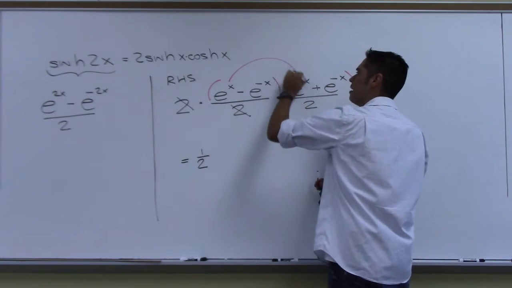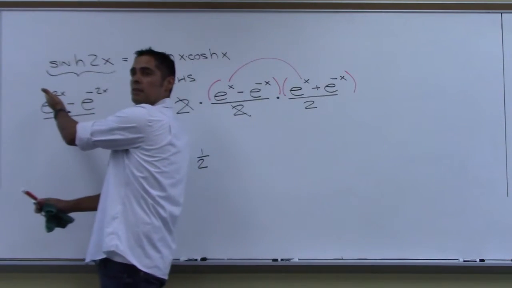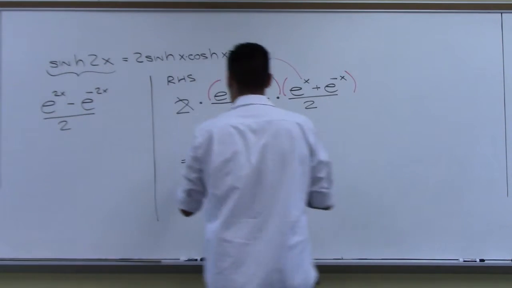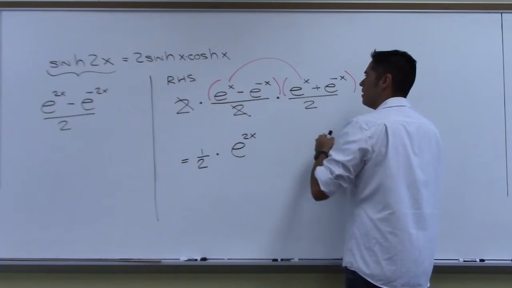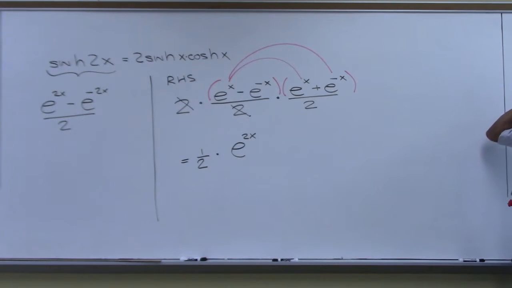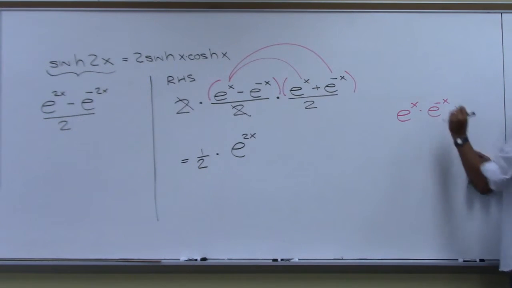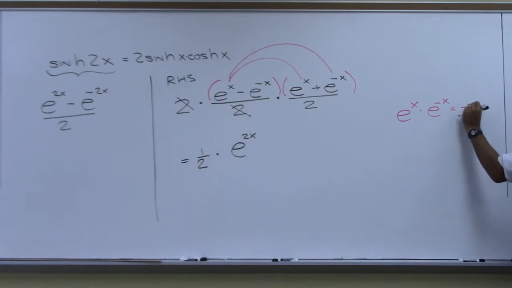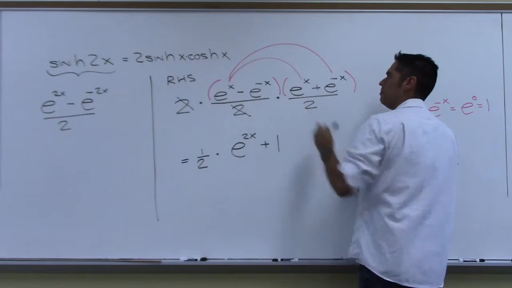What's e to the x times e to the x? E to the 2x. Well, that's good because look over here, e to the 2x. So I'm going to have e to the 2x. Now, what about the next multiplication, here to here? That's going to be e to the x times e to the negative x. You add the exponents. E to the 0 is 1. I remember doing that. You remember doing that? So that's 1 plus 1. And then what about this next multiplication right here?